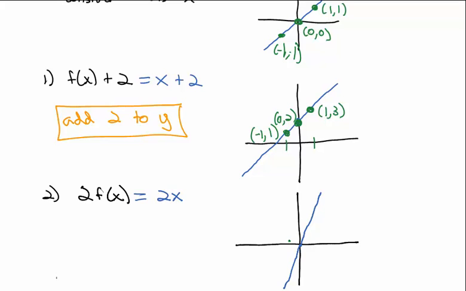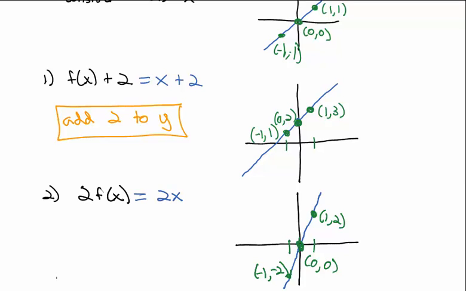And if we plug in our known values of -1, 0, and 1, we're going to have new y values. When we plug 1 in, 1 times 2 is 2. We have (1, 2) on the graph. When we plug 0 in, 0 times 2 is 0. And when we plug -1 in, -1 times 2 is -2.